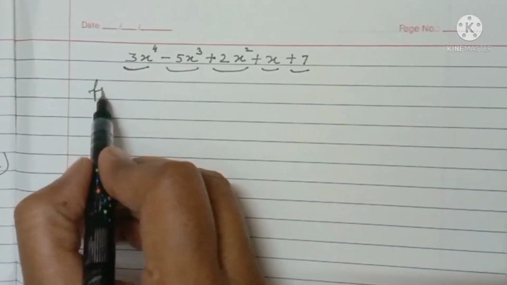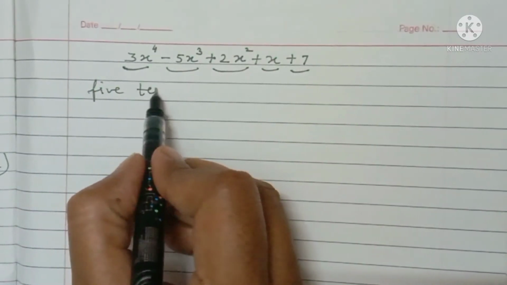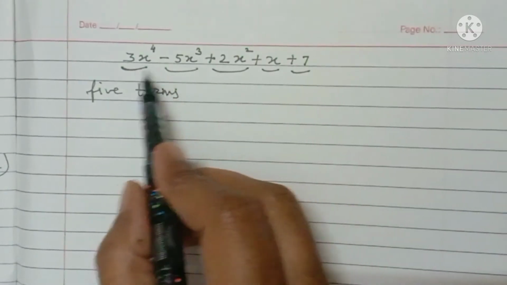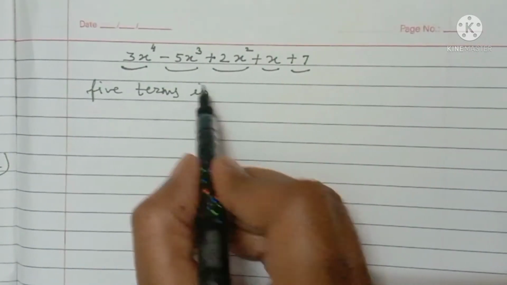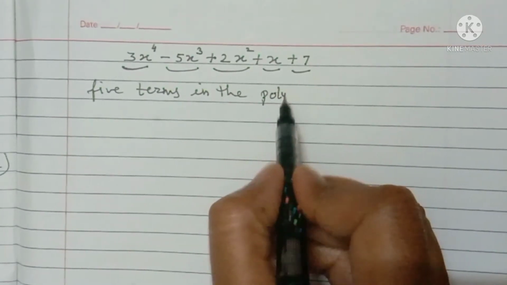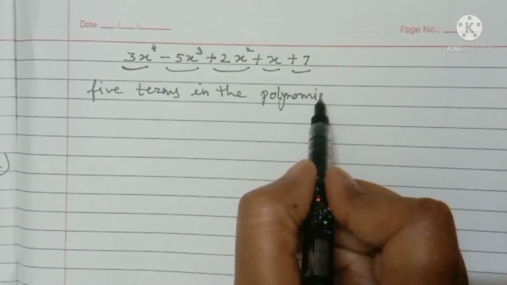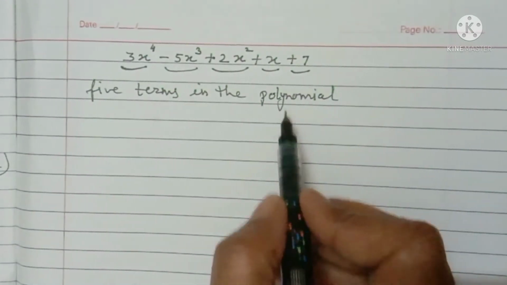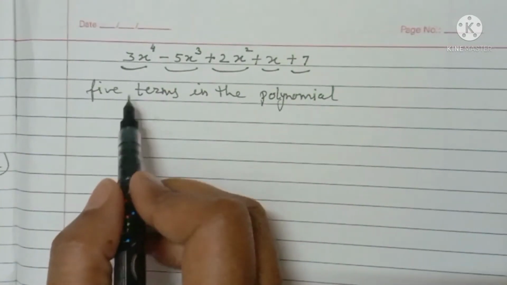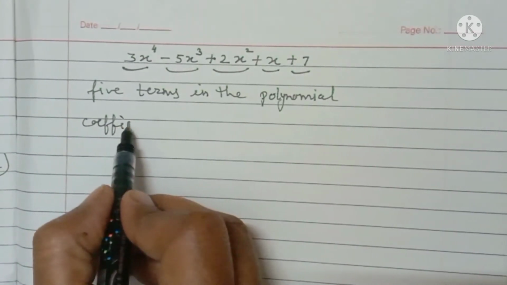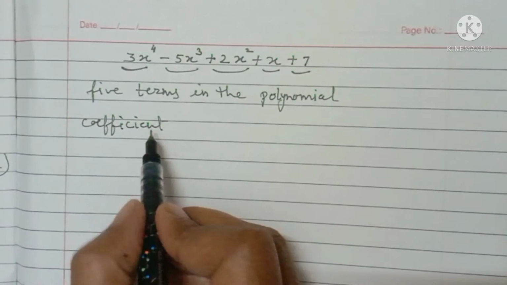There are five terms in the polynomial given above, and coefficients.